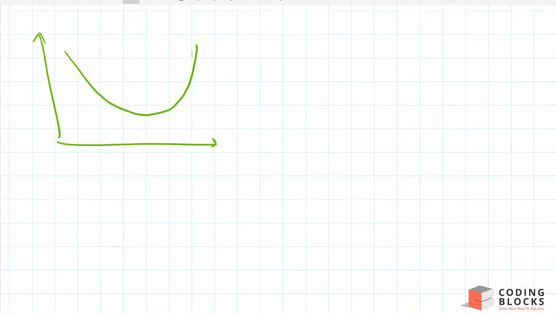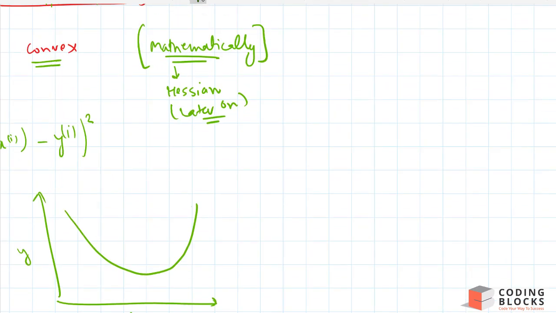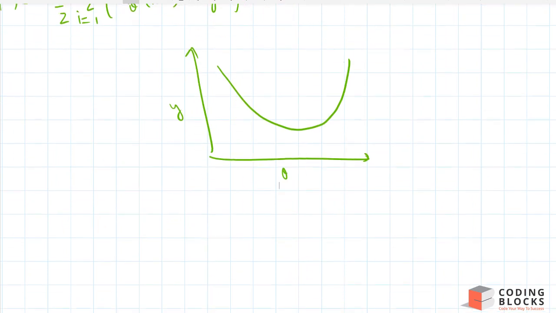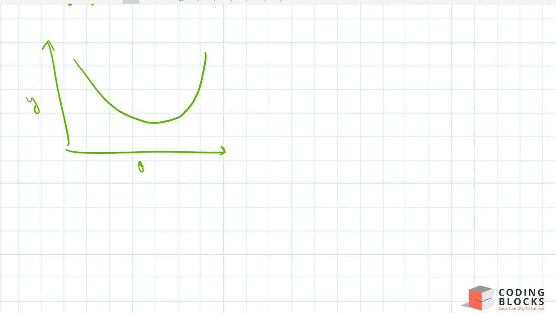So this is a function of theta, because all other values are constants except theta. Theta is changing, so if theta changes, the line will also change.